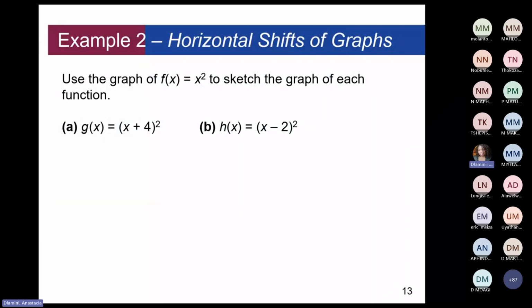Now, in the exam, I might give you a graph and ask you to describe the transformation. So you say from the initial graph. We call these mother graphs, right? Remember, mother graphs, or parent functions as some people call them: y equals x, y equals x to the power of 3, y equals x squared.